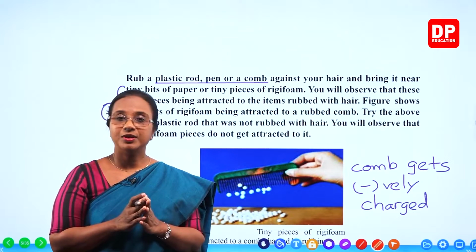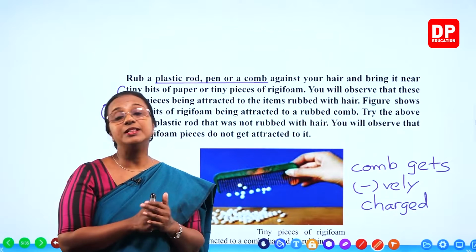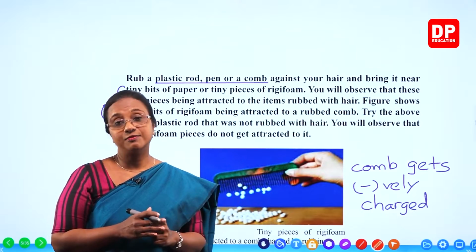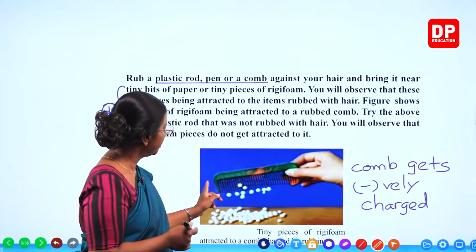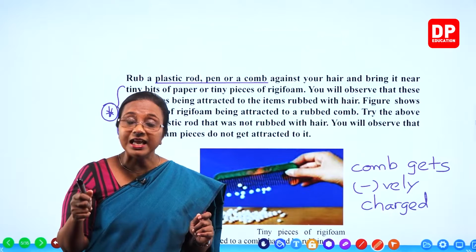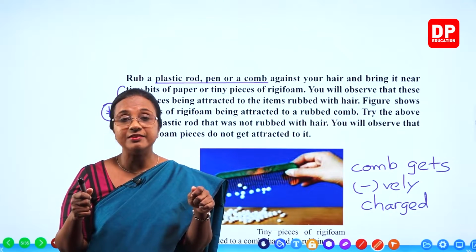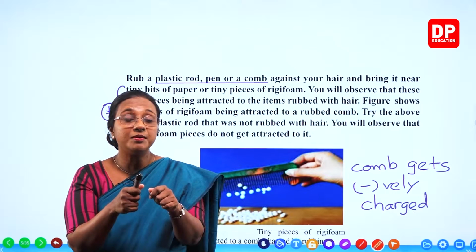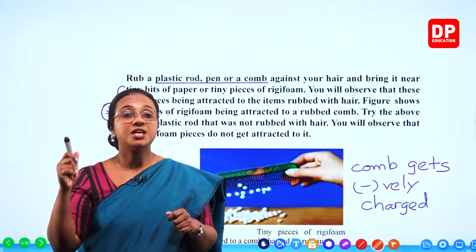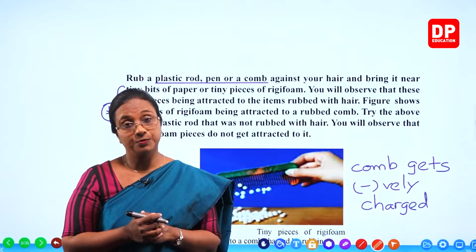But you all have to remember, students, you have done this before also. If you touch it with another object, then of course the charges will flow. For example, you have this plastic comb, you rub it on your hair, that will get charged. Then you have another comb that has not been rubbed, and if you touch both the combs, then of course charges from the rubbed comb will flow to the other comb.